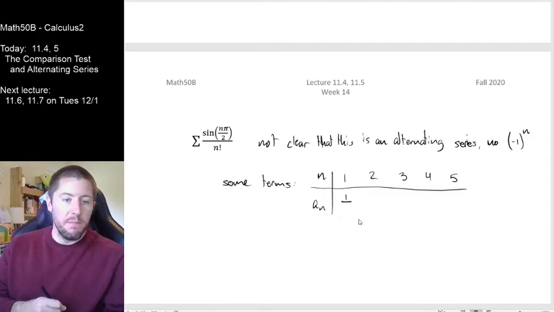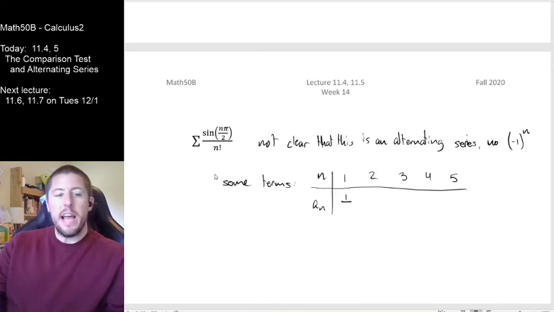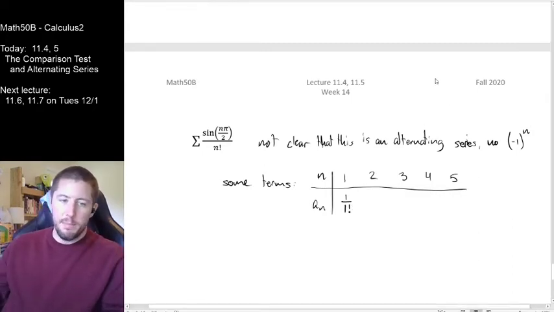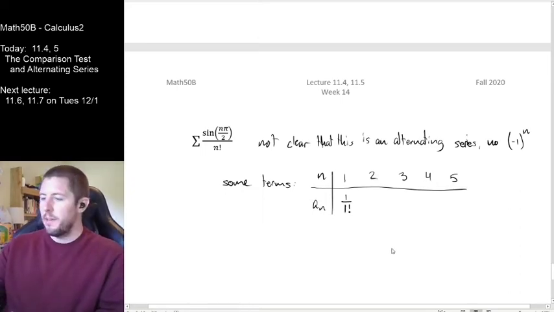And here's a helpful tip for you right here. If you ever see anything in factorials or exponentials or whatever, don't actually evaluate those. It's way more helpful to see patterns if you just leave this in the factorial form. So I'm going to do the sort of dumb thing and write 1 over 1 factorial. Hopefully it's obvious to all of us that that is just the number 1, but that's not helpful to me. I want to be able to see what these look like relative to each other.